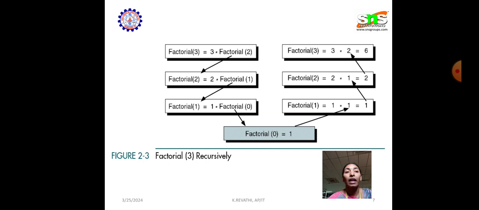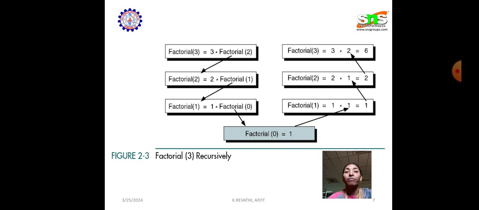Suppose we have to calculate the factorial of the number 3. Factorial of 3 is equal to n into factorial of n minus 1. Here the n value will be 3 and factorial of n minus 1 means factorial of 2. Again the factorial function will be called for calculating the value of n into n minus 1.